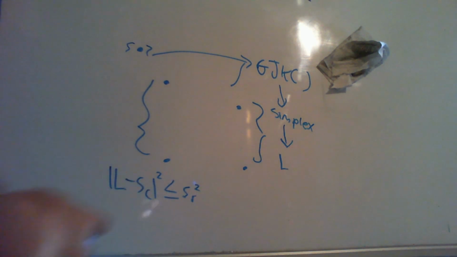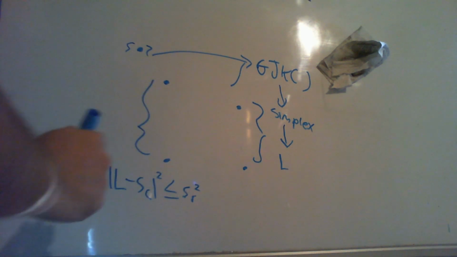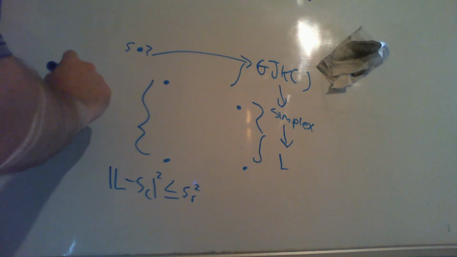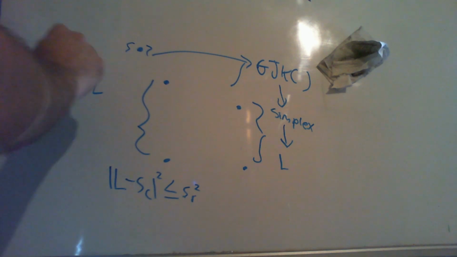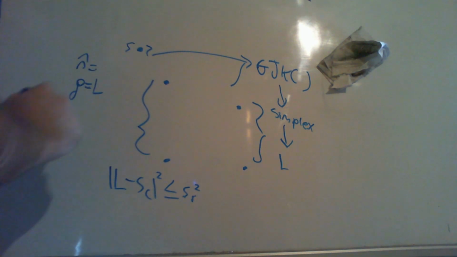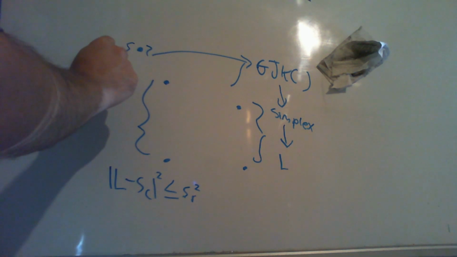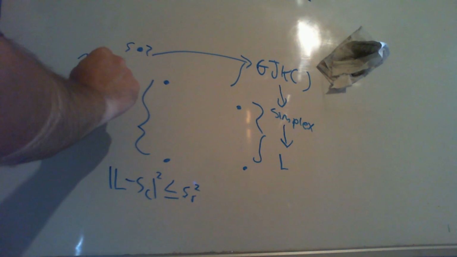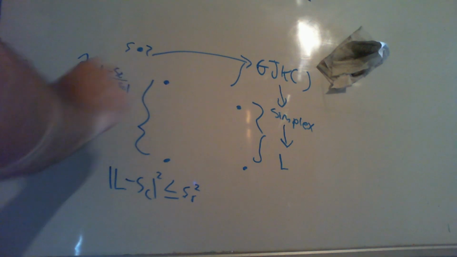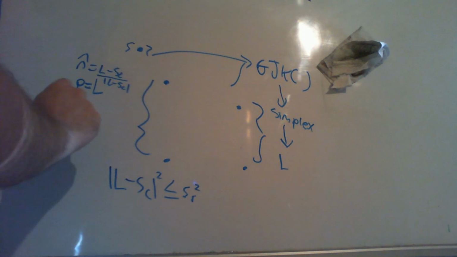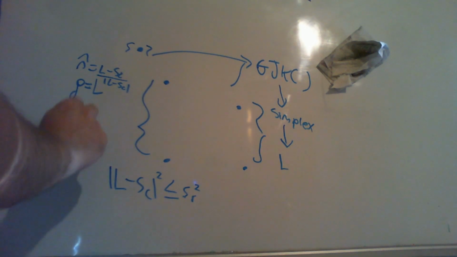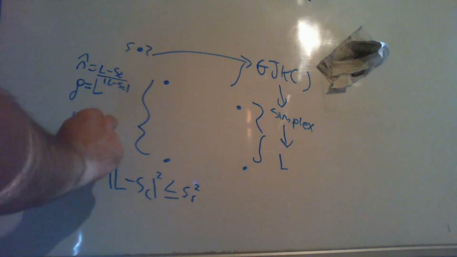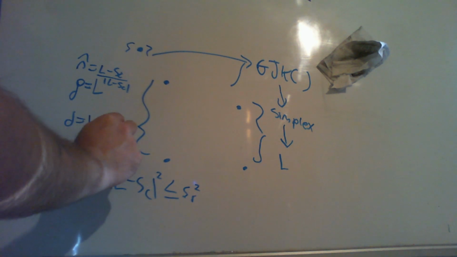And the reason why this works is because when we make our contact point P, we just set that equal to L in this case. And then N will simply be L minus SC divided by the magnitude of L minus SC. And then D simply becomes setting this to 0 and solving for D as the error.